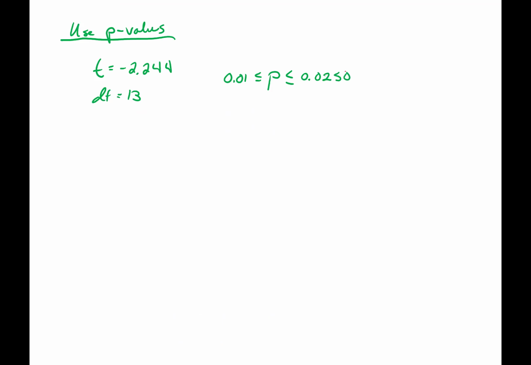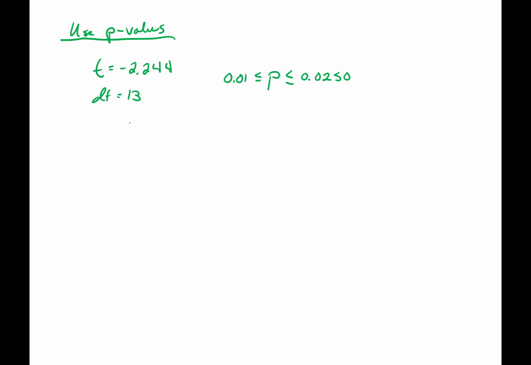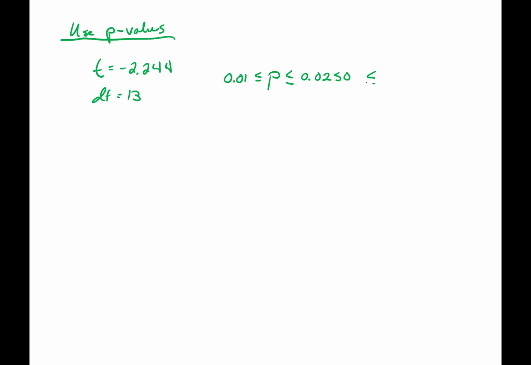So now the issue comes when we're comparing: this entire p interval has to be less than or equal to alpha. And in this case, remember alpha was 0.05. In this case, this entire interval is less than or equal to 0.05.